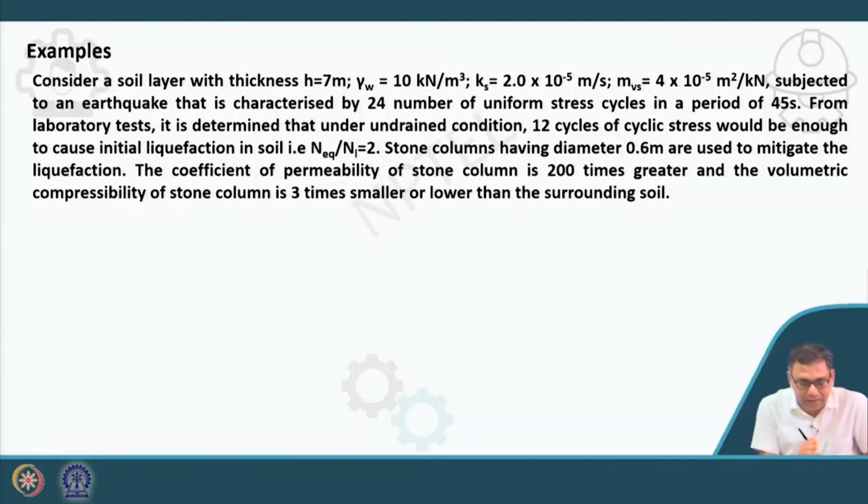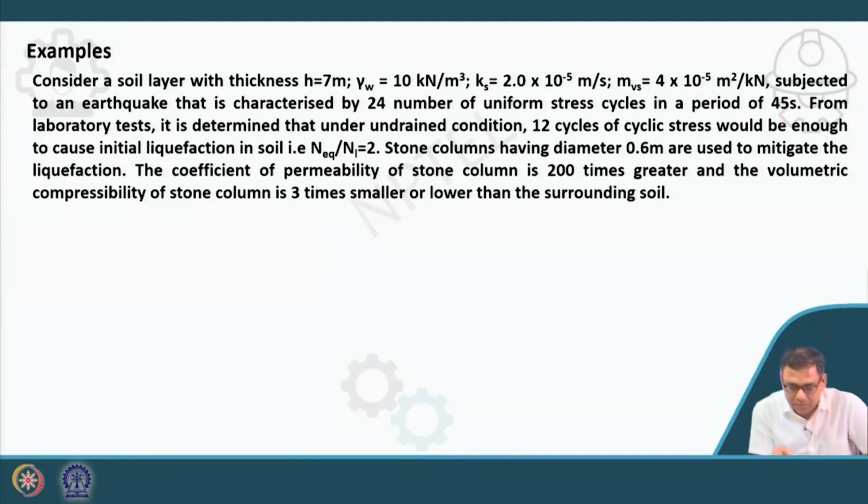Now, from the laboratory test, it is determined that under undrained conditions, 12 cycles of cyclic stress would be enough to cause the initial liquefaction. So, as I mentioned, N equivalent is the number of stress cycles that will be applied during the earthquake, and NL is the number of cycles required to cause liquefaction.